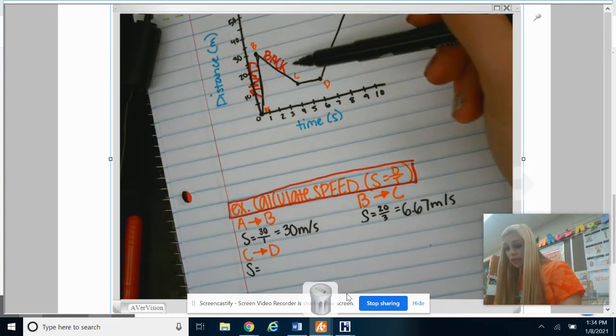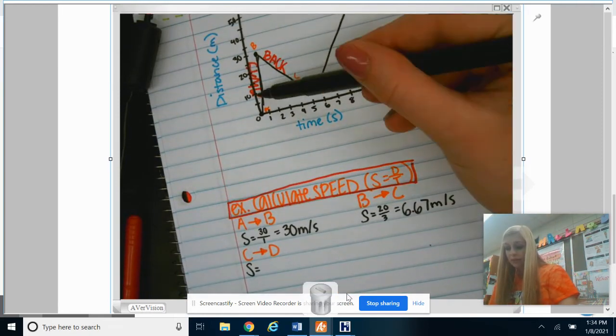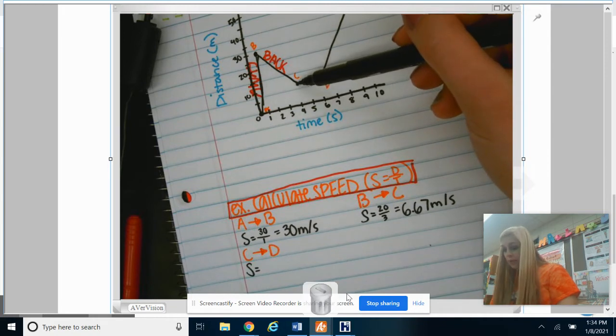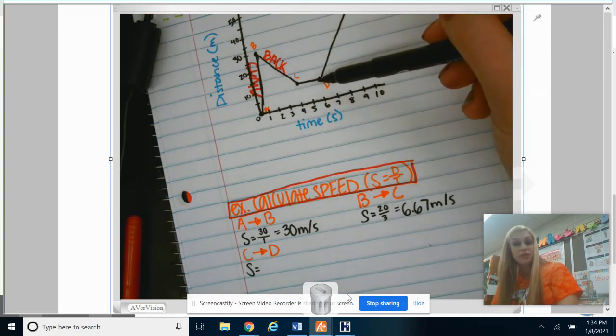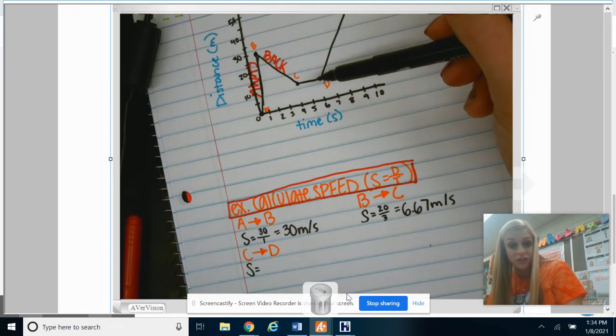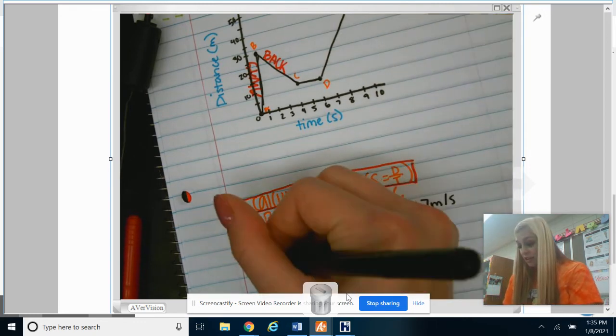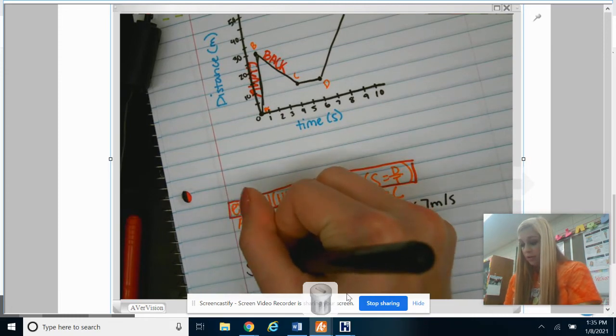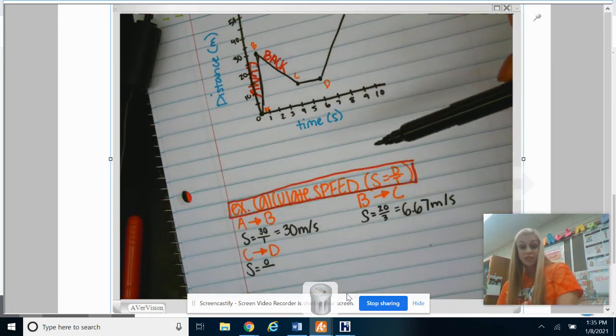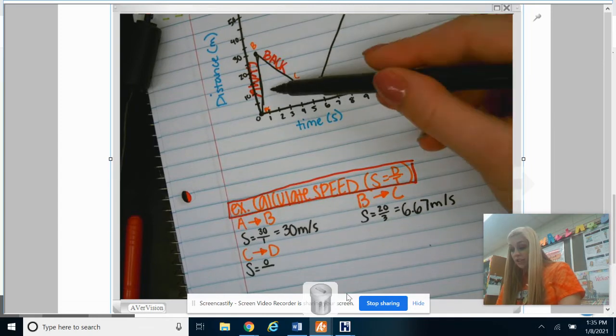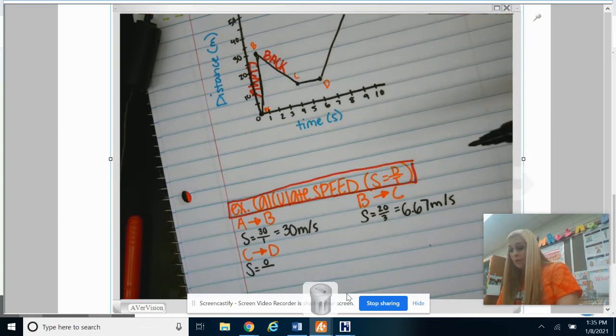At point C, we are at 10 meters. At point D, we're still at 10 meters. So how much did our distance change? It didn't change. So our distance is 0. We started at 10, we ended at 10. How much time passed?